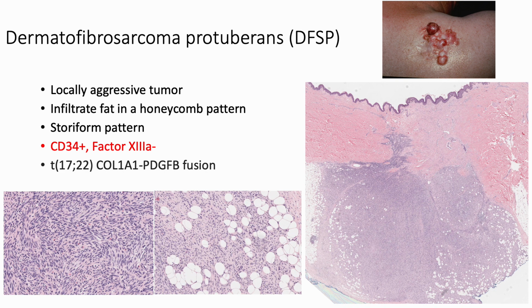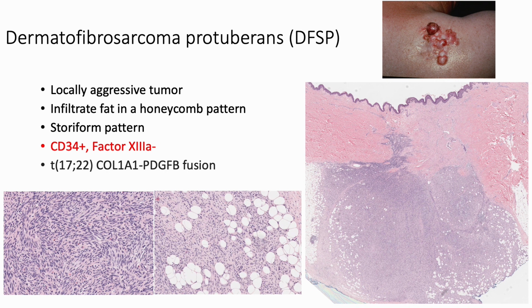And the tumor itself, if you only look at the cytology, is not a very ugly tumor, because of the translocation. In general, as we learn from soft tissue pathology, all the translocation-associated sarcomas usually have morphology that is not as bad. And the staining pattern we know is CD34 positive and factor 13A negative.